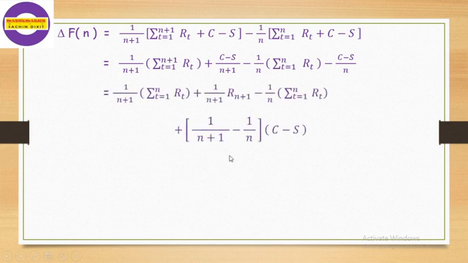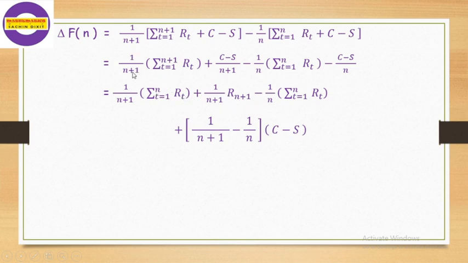Now, we make adjustment in this first term. We split up this summation and we remove one element corresponding to this summation as R(n plus 1). This summation t varies from 1 to n plus 1 R(t) can be written as summation t varies from 1 to n R(t) plus R(n plus 1).